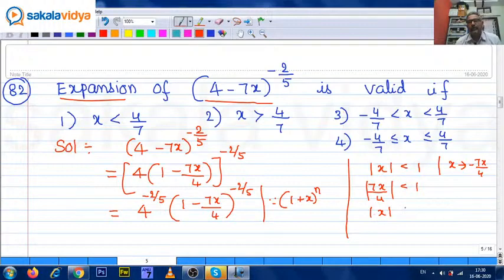Okay. Mod x less than 4 by 7. Therefore we can write x lies between minus 4 by 7 and 4 by 7: minus 4 by 7 less than x less than 4 by 7. That means third option is the right option.